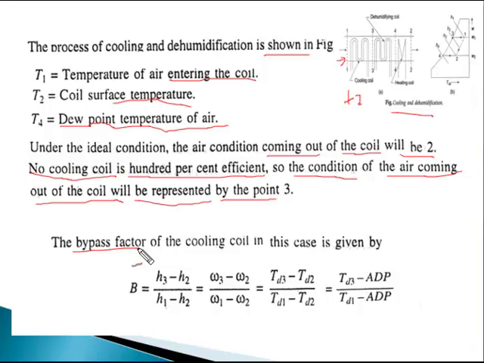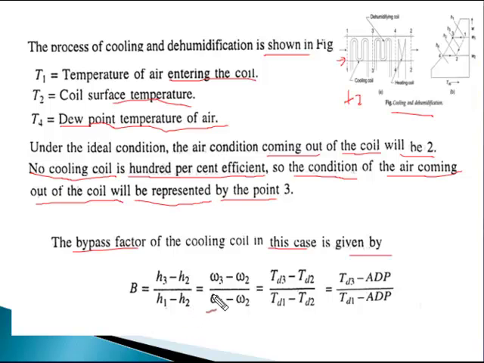The bypass factor of the cooling coil in this case is given as sensible heat divided by total heat. Here sensible heat is H3 minus H2, divided by H1 minus H2, which is the total heat during the process 1 to 2.